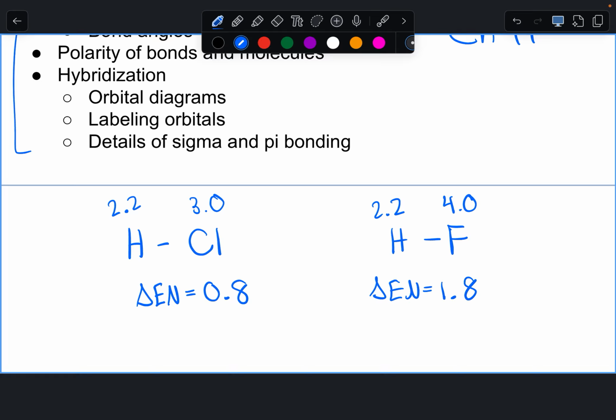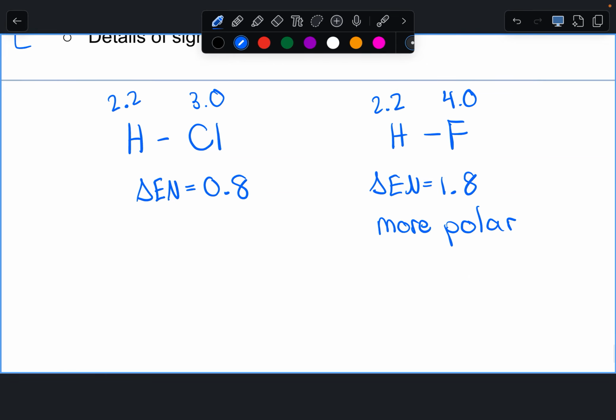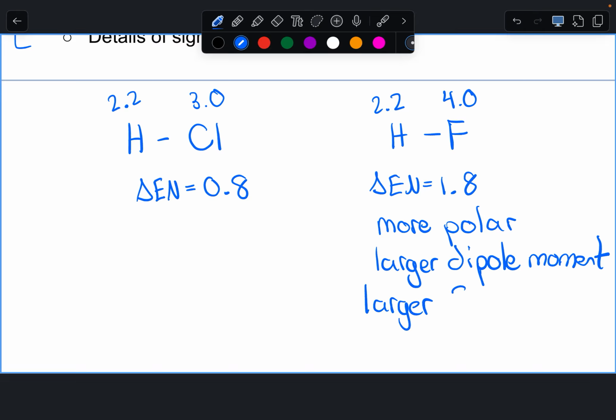So knowing that, we can say HF is more polar. We could also say it has a larger dipole moment. These all mean the same thing. It has larger partial positive and partial negative charges.